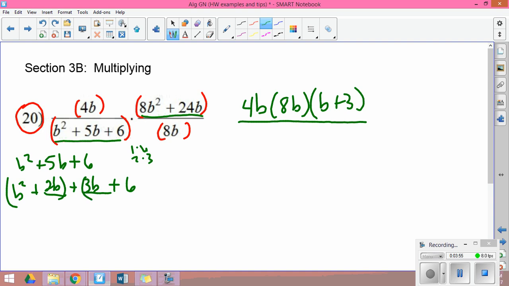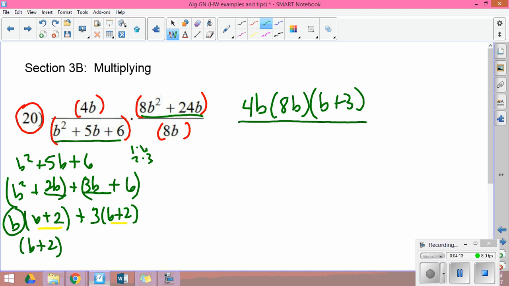So I group. Greatest common factor in the first one is b, and that leaves me b plus 2. Greatest common factor in the second is 3, and that leaves me b plus 2. Now this is a greatest common factor, so that comes out, and it leaves b plus 3.